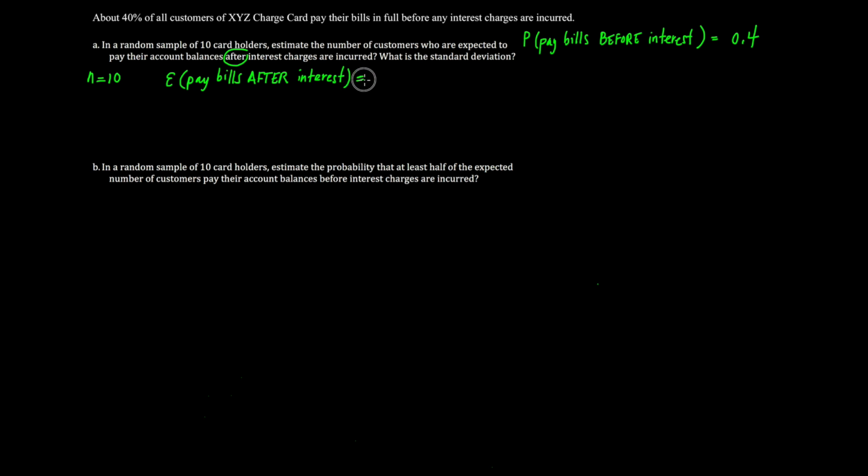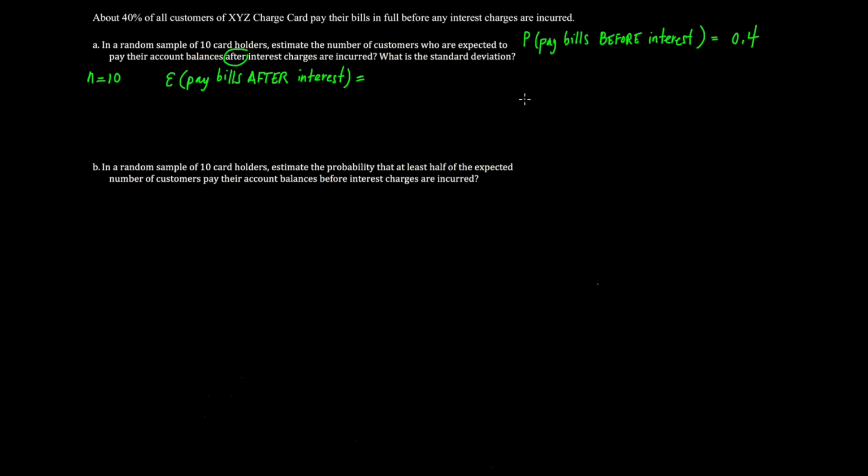So this is going to equal, what do we do now? It's very simple. Remember, I've always told you, if you're racking your brain over this, it's because you're doing something wrong. It should always be straightforward, so go with the information that's available to you, okay? So we know from the question the probability of paying bills before interest.